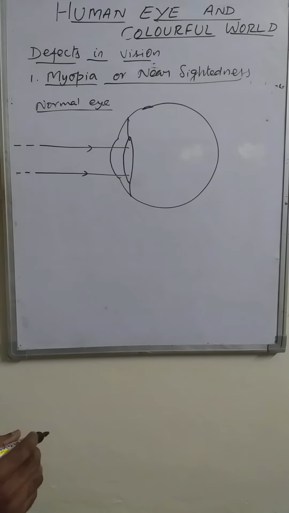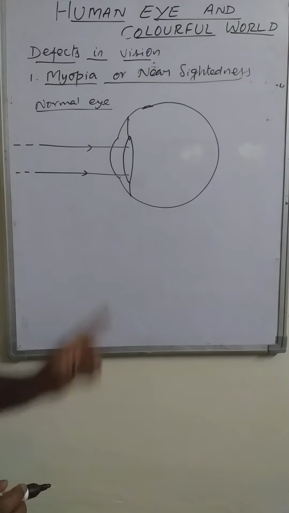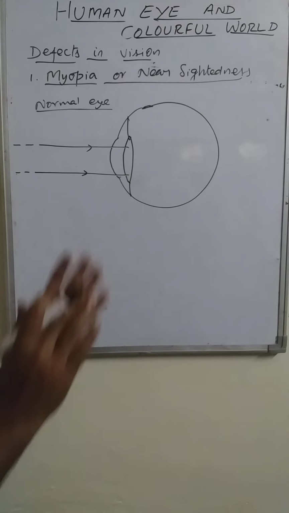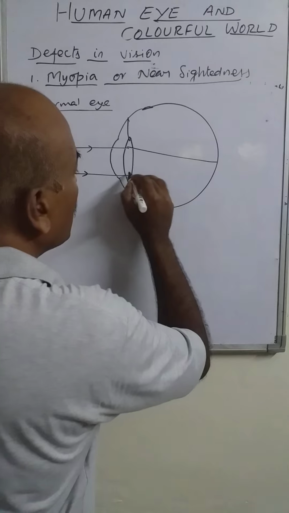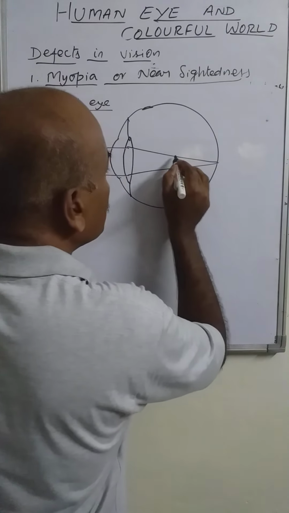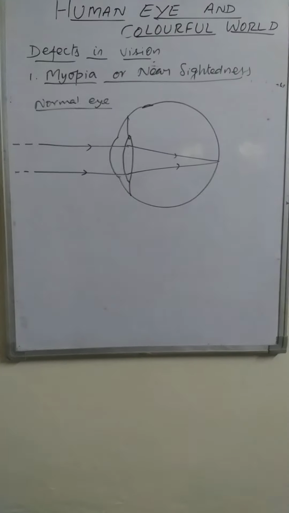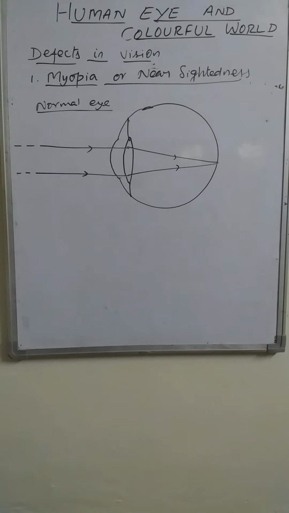For this longer distant, infinite distant object, the eye lens increases its focal length, the lens becomes thinner. For that, it takes all the light rays to meet on the retina. The image is formed on the retina. This is for longer distant objects.